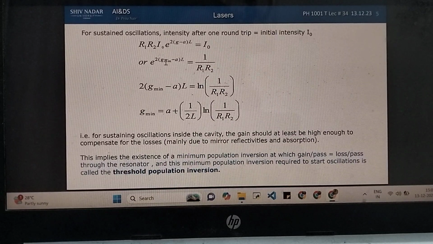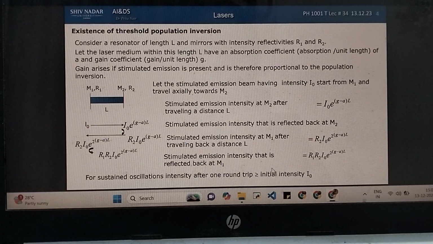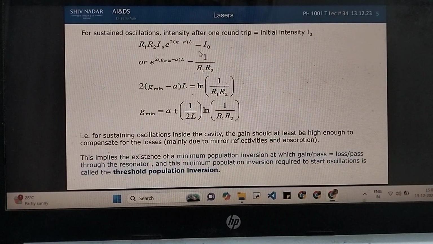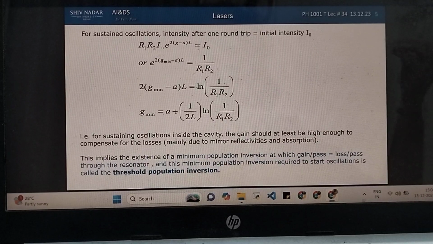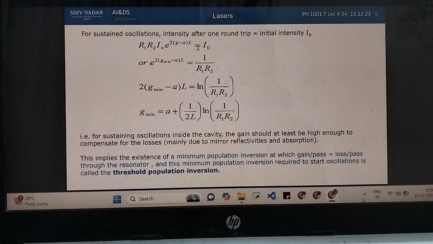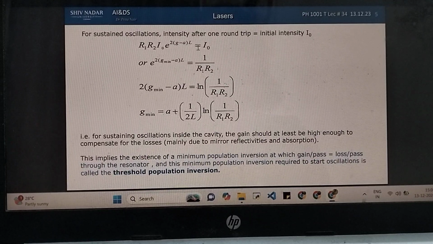Now why did g become g min? Generally we saw that the intensity should be greater than or equal to the initial intensity. Now the greater than or equal to becomes equal to, because we are looking at the worst case scenario. At least it should be equal, then I'll get a stable light. If it is greater, well and good, but worst case it has to be equal, right? That's the logic.